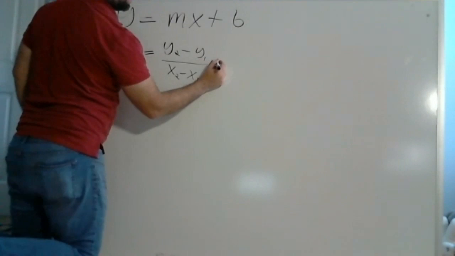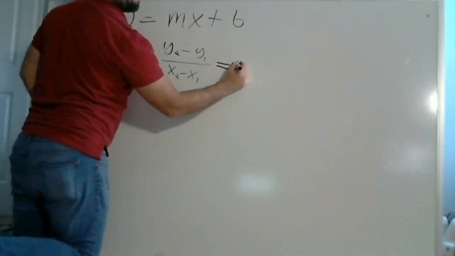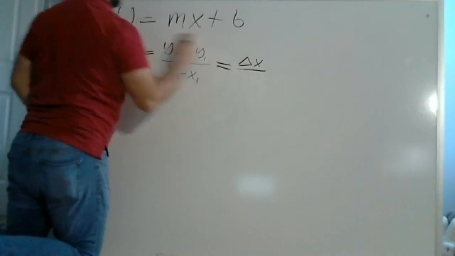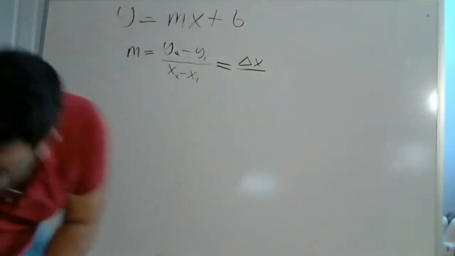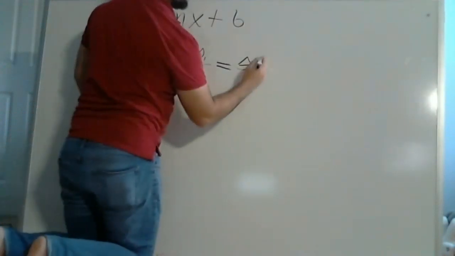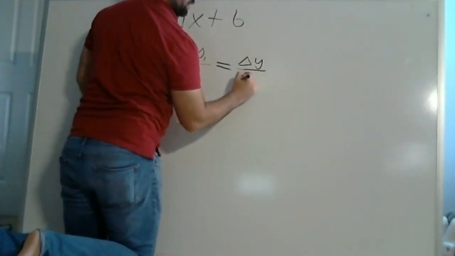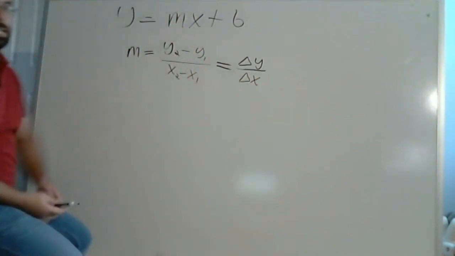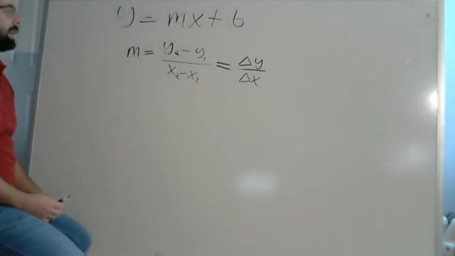I also wrote it like this, delta y over delta x, because it's the change in the y variable divided by the change in the x variable. And this is how we find slope.